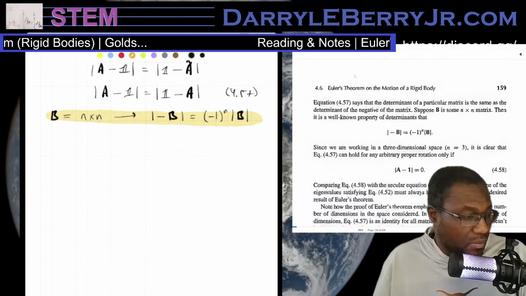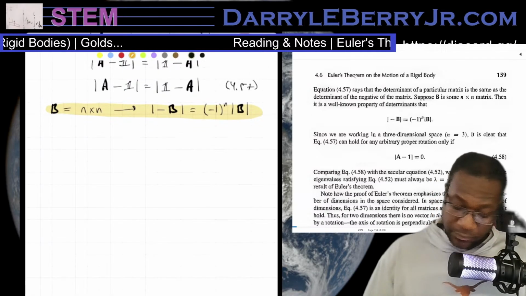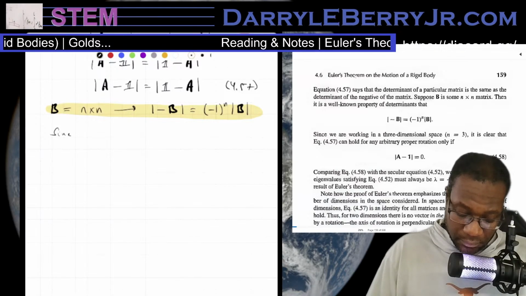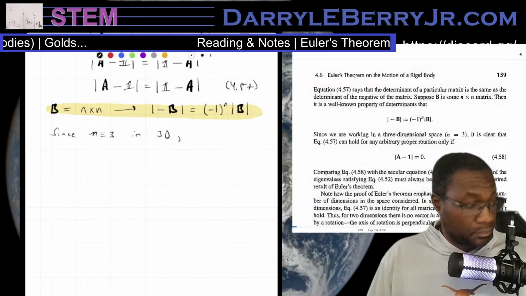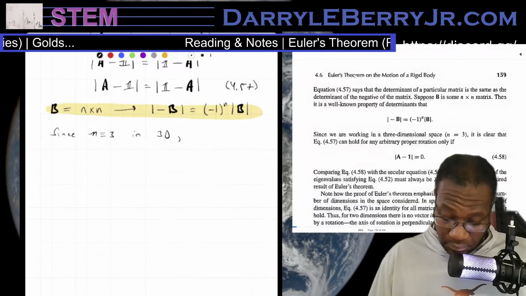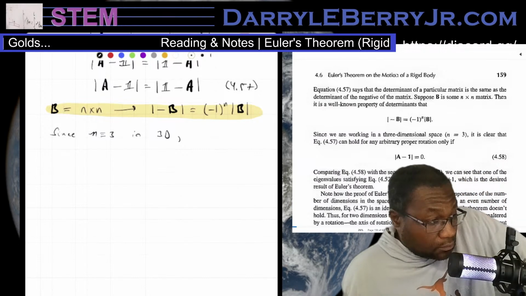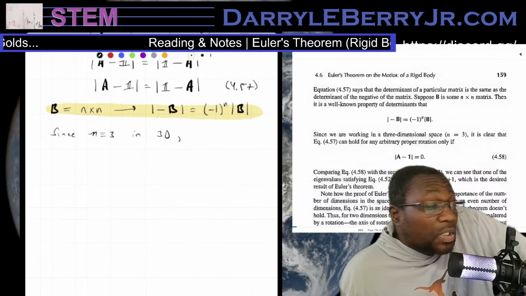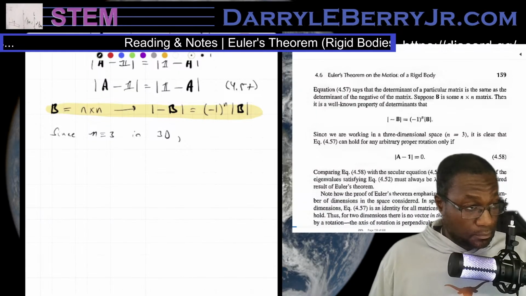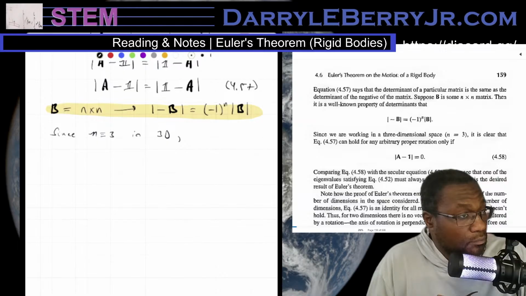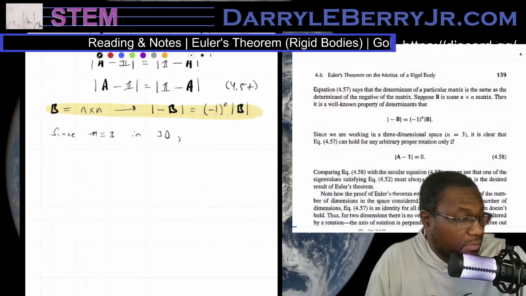Since we are working in a three-dimensional space, n equals 3, it is clear that 4.57 can hold for any arbitrary proper rotation only if... think about this.